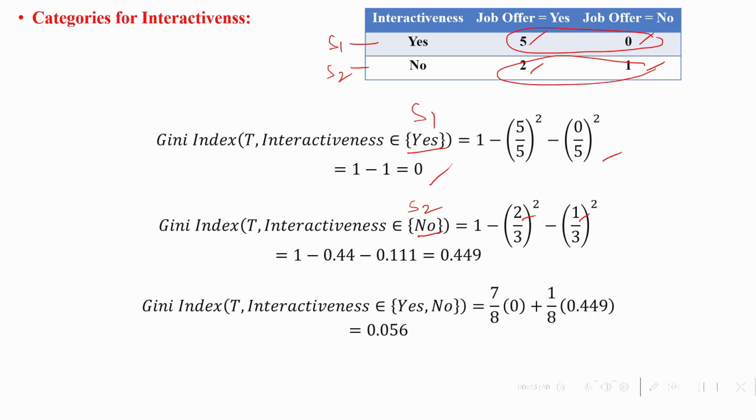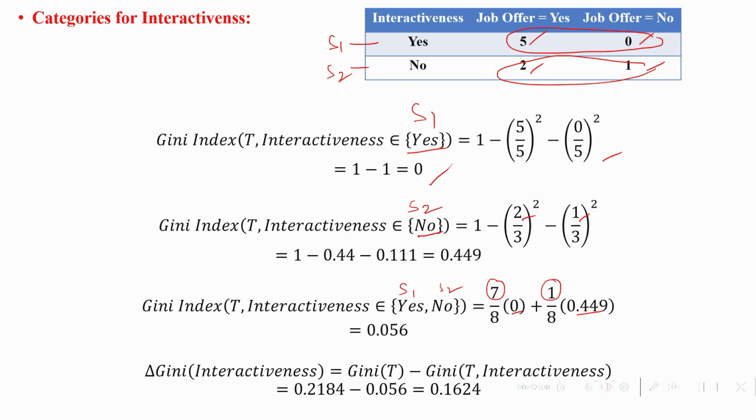Now we are finding the Gini index of the target variable with respect to interactiveness, belonging to subset 1 and subset 2. Here subset 1 contains 7 elements and subset 2 contains 1 element. The Gini index of subset 1 equals 0, and the Gini index of subset 2 equals 0.449. So that is 7 by 8 into 0 plus 1 by 8 into 0.449, which equals 0.056.